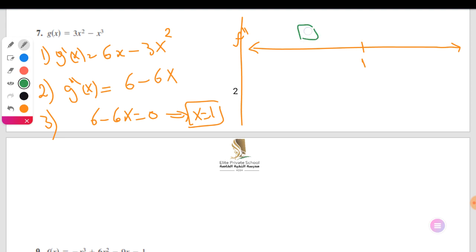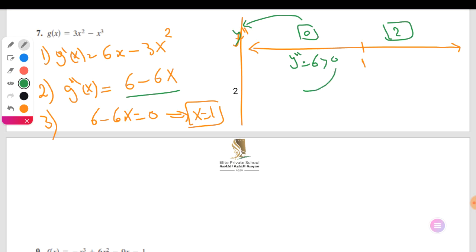I'll choose 0 here, and 2 here. Replace in the second derivative. At 0 it will be 6, greater than 0. Since it is greater than 0, concave upward.